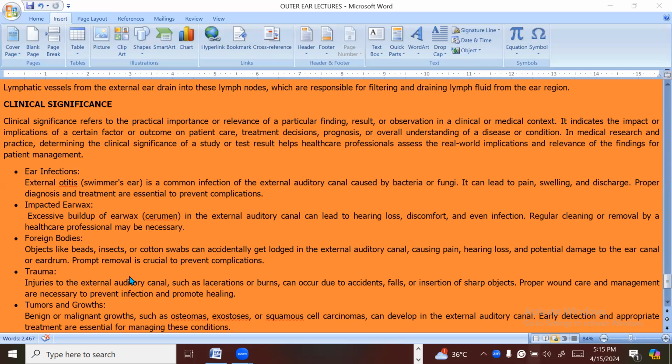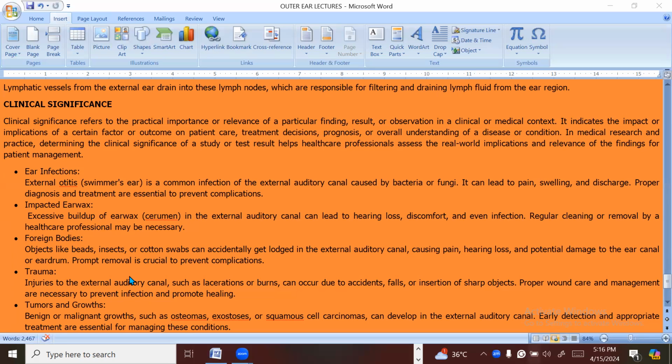Then foreign bodies. From clinical knowledge, we've come to realize that foreign bodies like beads, insects, or cotton swabs can accidentally get lodged in the external auditory canal because it is not that straight. You see, from what we studied so far, it is somehow not straight.